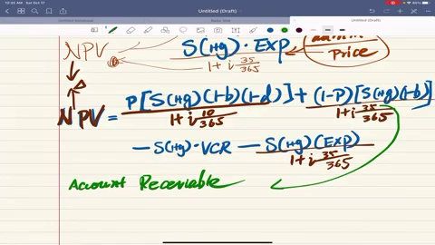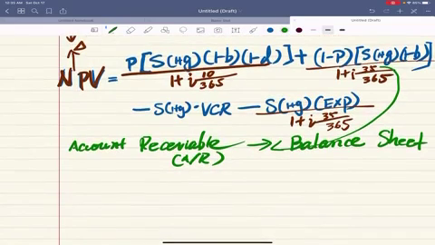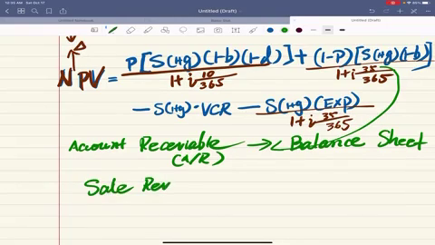You find this information from the balance sheet. The acronym you can write as AR, accounts receivable. And you also have the sales revenue, which you get from the income statement.